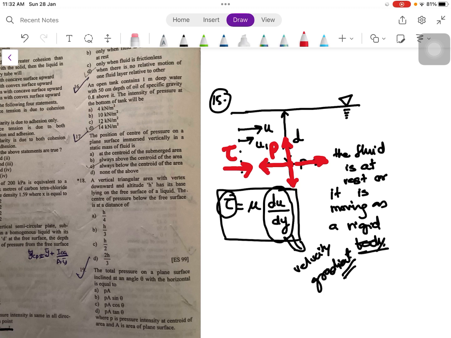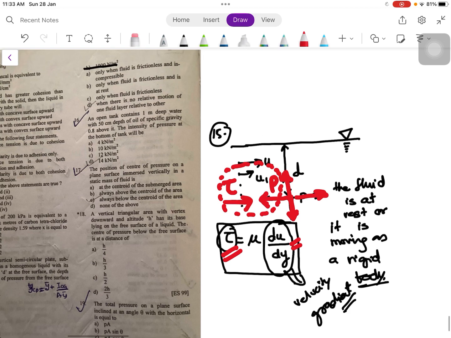So the resultant of this will not be same in magnitude as the pressure in the upward or the downward direction. So due to the shear stress or due to the velocity gradient, the pressure will not have a uniform distribution in all directions.